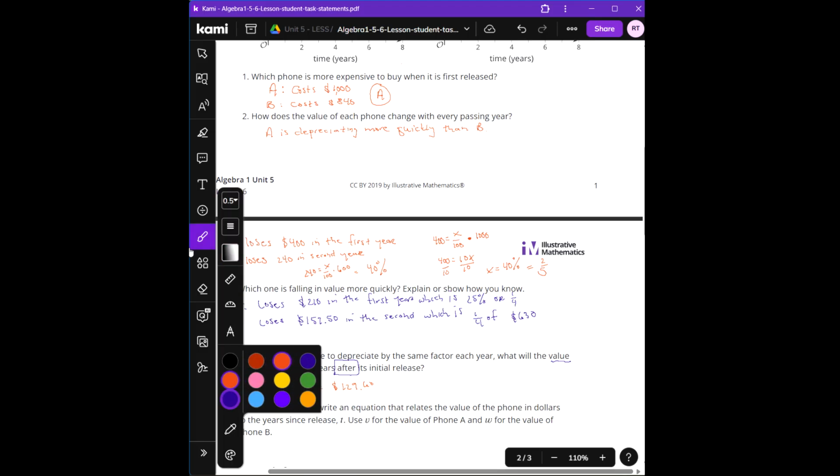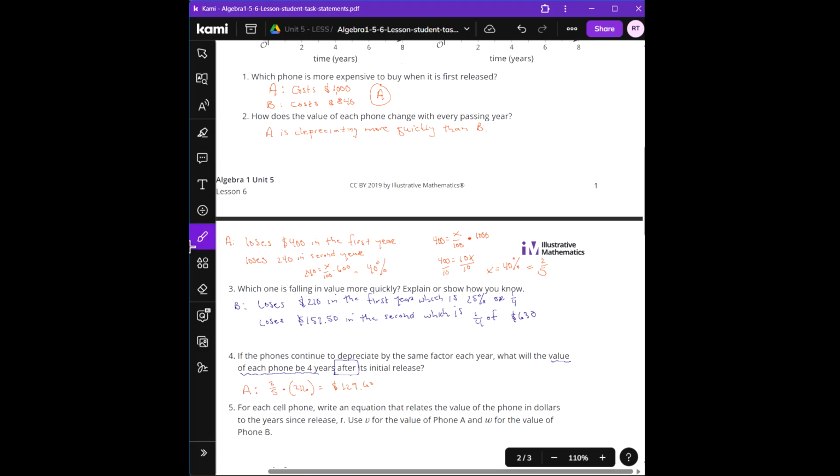For B, we have 3/4 times $354.38, which is approximately $265.79. So that is how much they are worth.